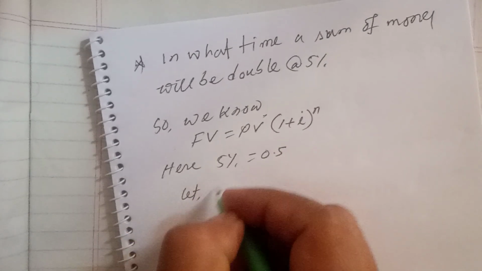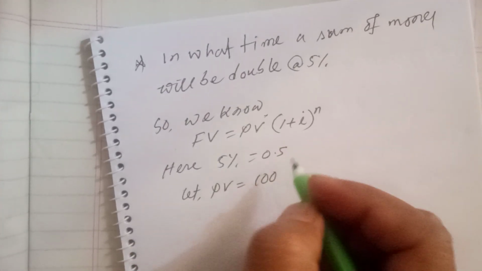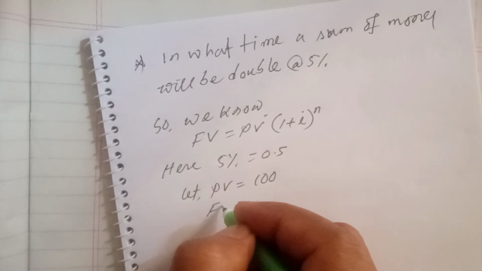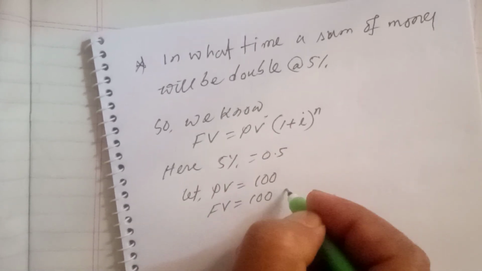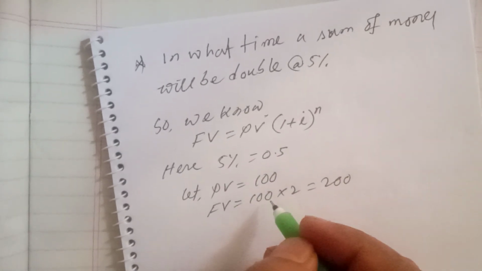Let PB equal to 100 taka and FB will be 100 into 2 equal to 200, because of double.